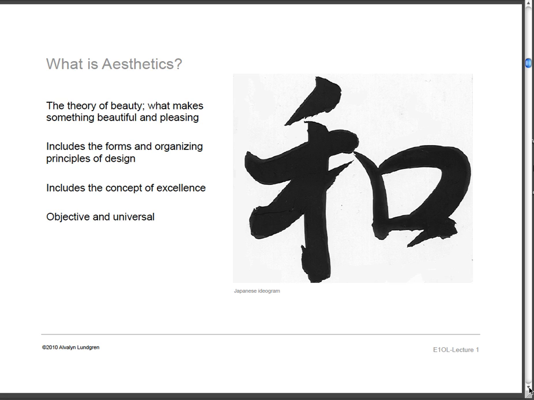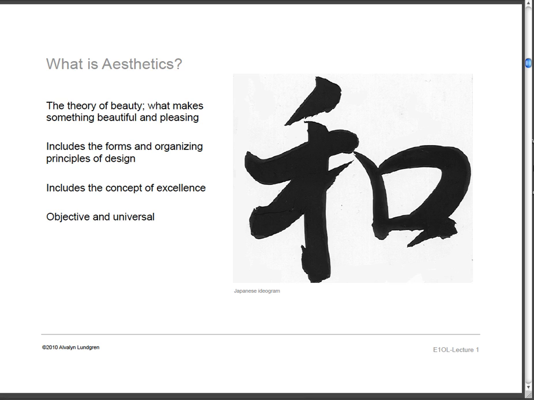The forms are those things that are tangible and visible. If we look at the ideogram here on the right-hand side, the forms are the black brushstrokes. And these represent and communicate something to whoever is looking at this and understands what is being said.